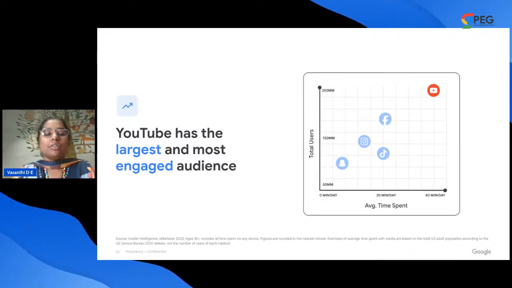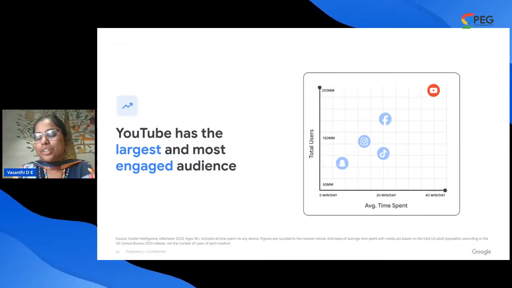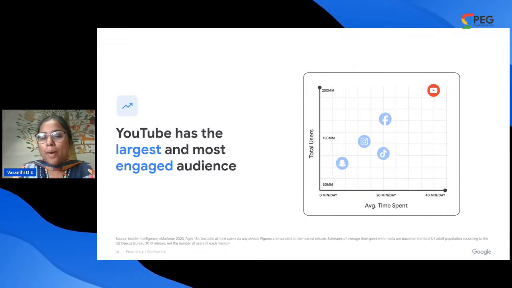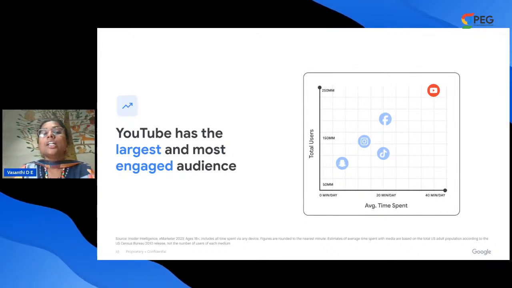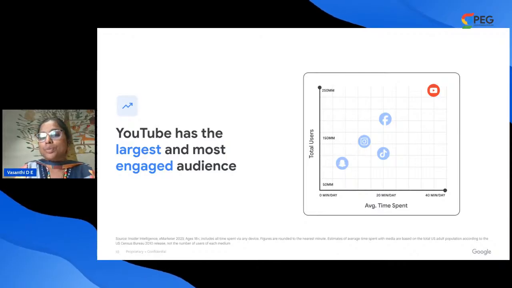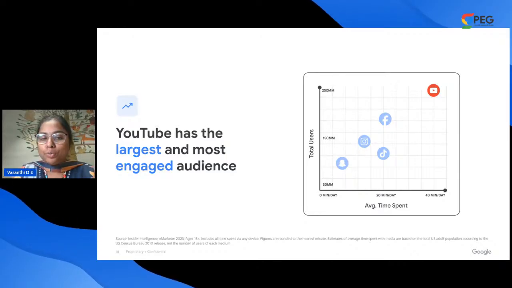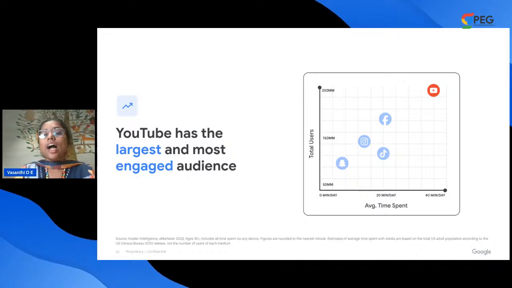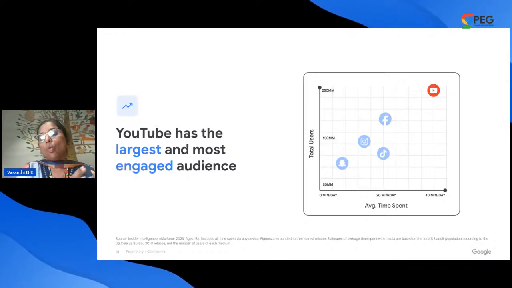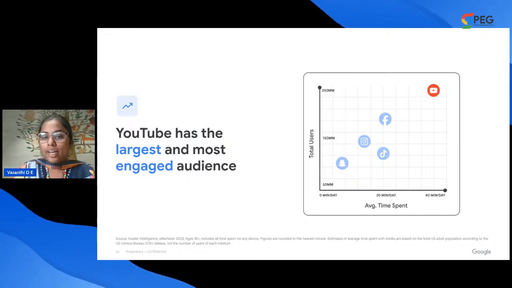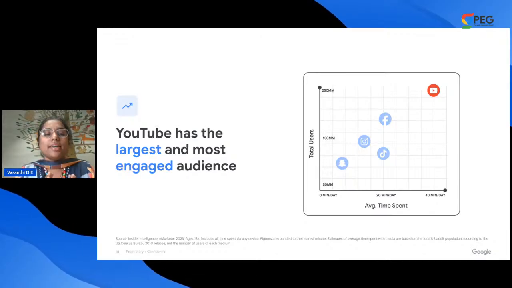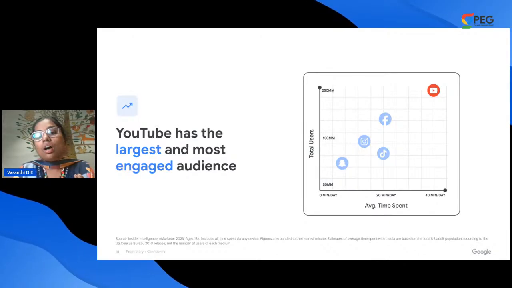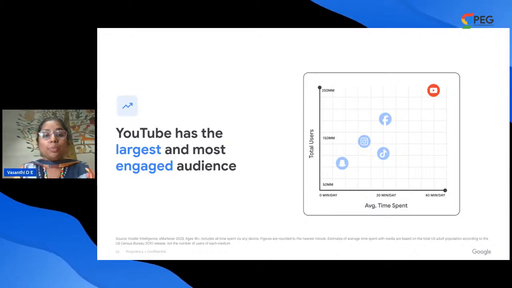Now, you might have a question: why is this important for demand gen? And why are we talking about it? Because demand gen leverages YouTube. As I said, this is one of the platforms covered by demand gen, including YouTube Shorts as well, to reach this highly engaged audience. Remember, we talked about consumers being open to discovering new brands and products, right? YouTube is a prime example of this. Users come to YouTube to learn more, to be entertained, or to find inspiration.